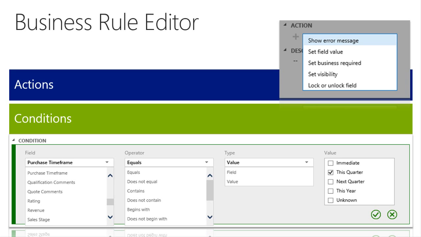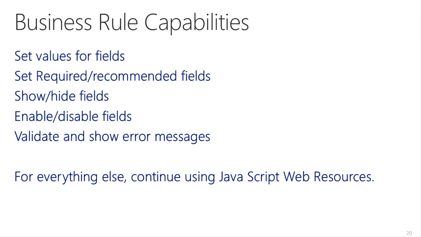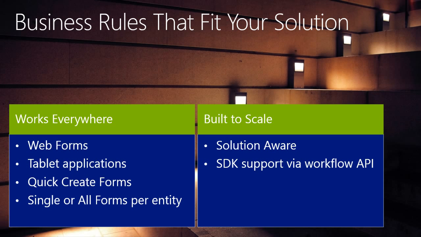So there is a summary of the action types on this slide. And for any other type of actions that you may want to do, we would still recommend using JavaScript web resources.